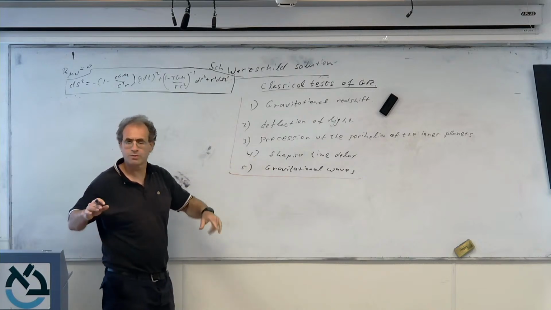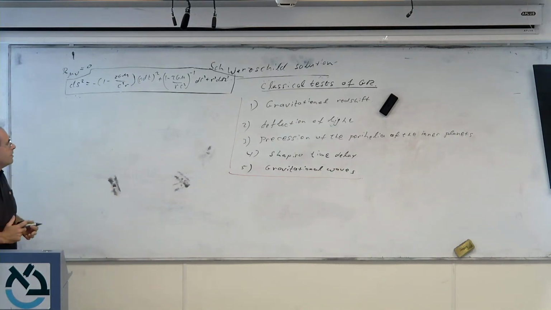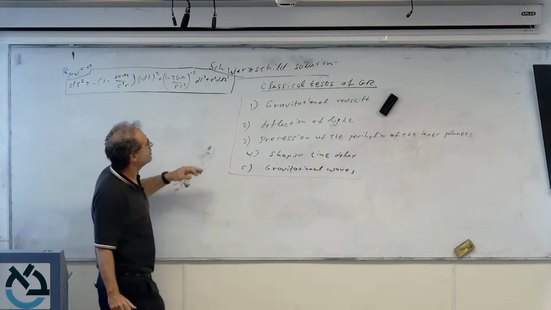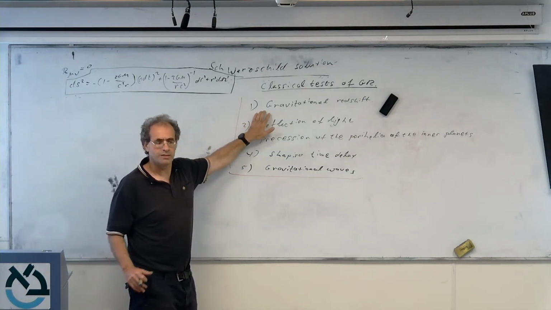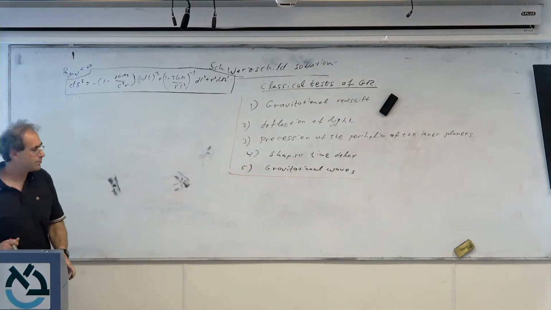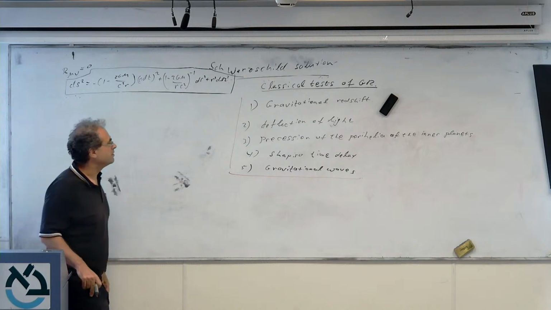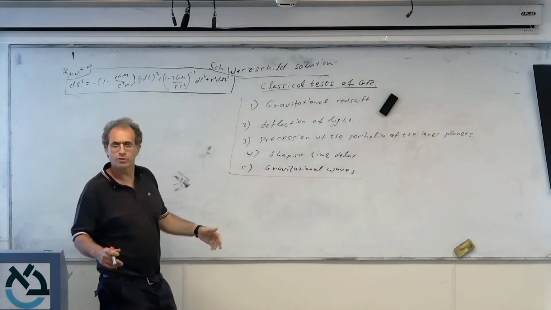This is all something which we do here in our own solar system. We don't need to go too far. Gravitational redshift, as I mentioned already, can be tested even on Earth. You don't even need to go outside of Earth to see. The rest we do need to go outside of Earth to see, but we do see.